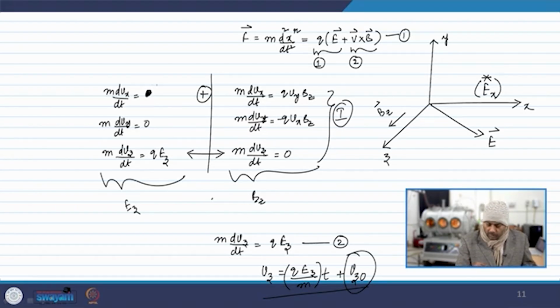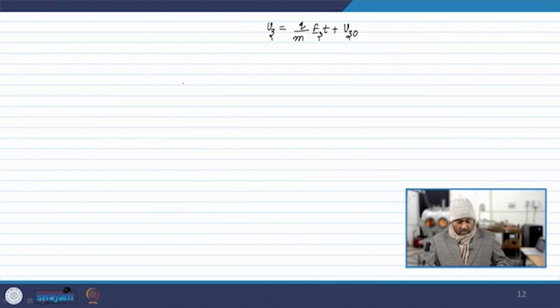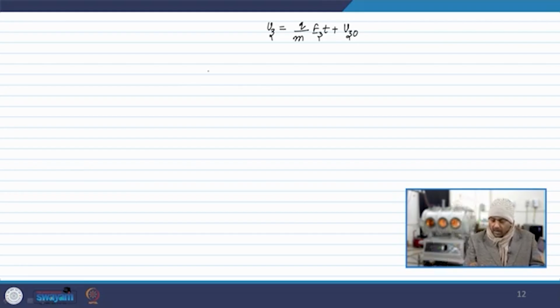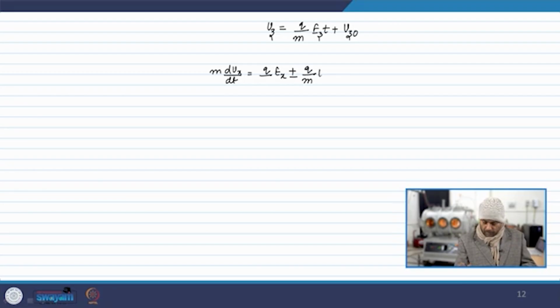So, this will be q times Ex, right. So, now the equations cannot be just combined just like that. So, we will write m dVx by dt will be qEx plus minus q by m Vy Bz.